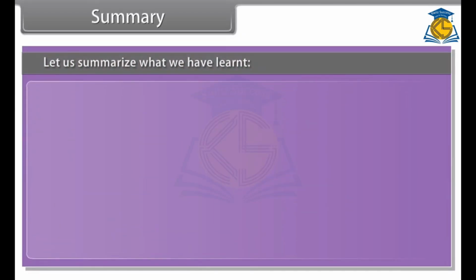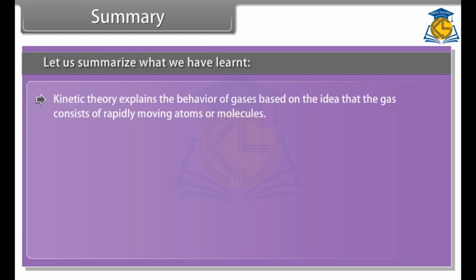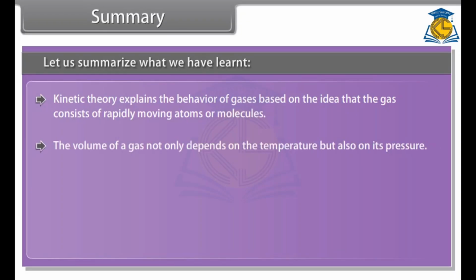Summary. Let us summarize what we have learned. Kinetic theory explains the behavior of gases based on the idea that the gas consists of rapidly moving atoms or molecules. The volume of a gas depends not only on the temperature but also on its pressure.